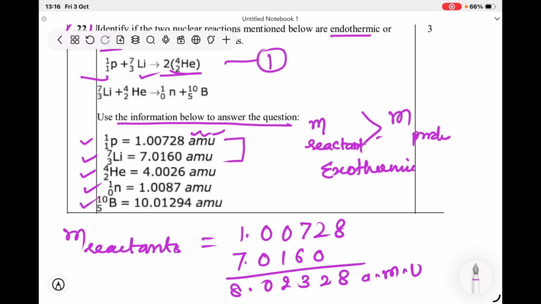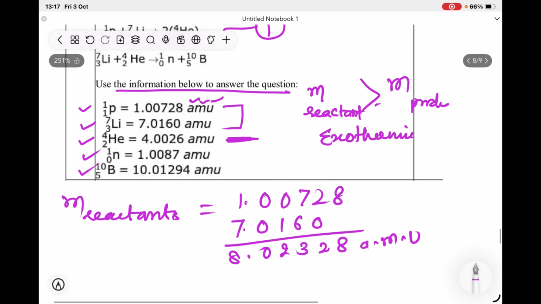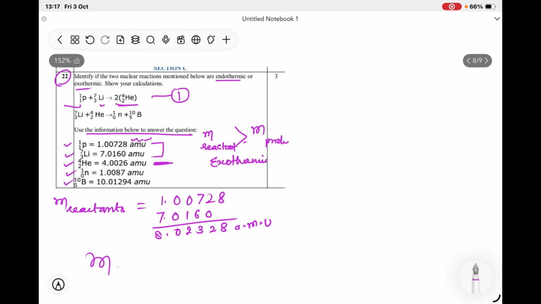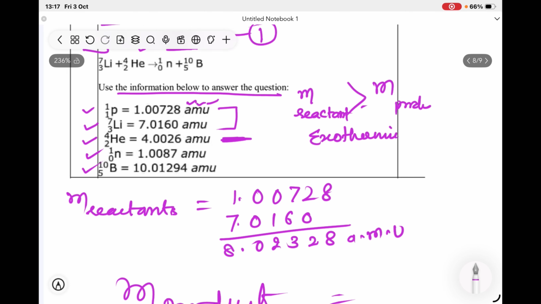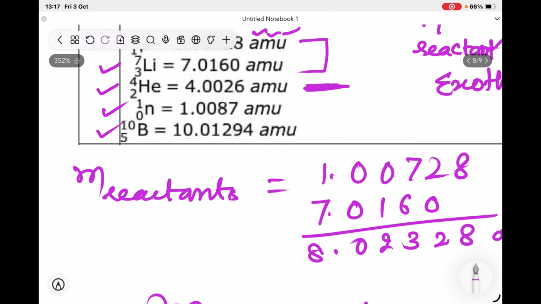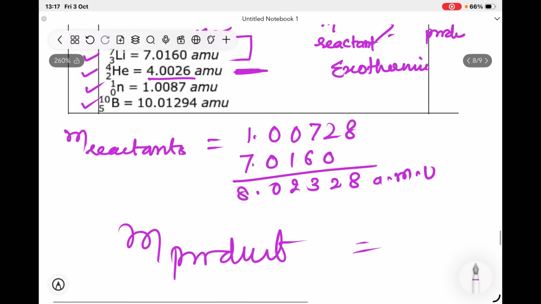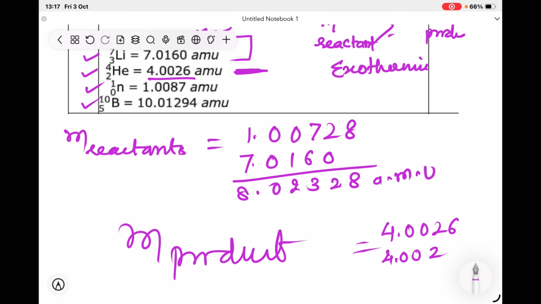Similarly, you can see mass of product, and in product you should see there are two heliums. So two helium, or you can say two alpha particles. So alpha plus alpha you have to do. That means mass of products: two helium is written, so you have to add mass of alpha particle twice. So 4.0026 and again 4.0026.